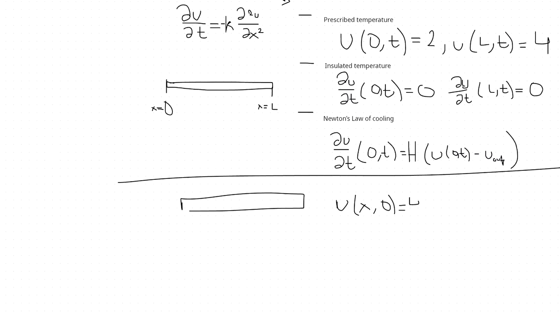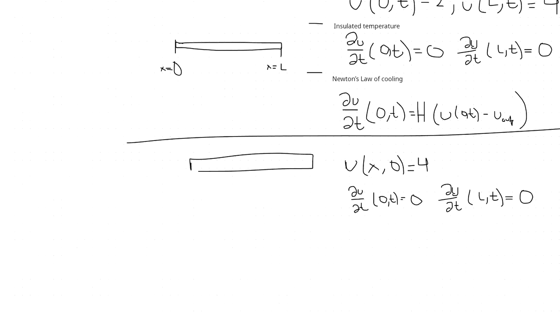And we also make both the boundaries insulated, so that partial u over partial t of 0 comma t equals 0, and partial u over partial t of L comma t also equals 0, right?